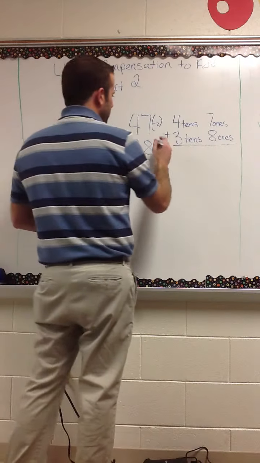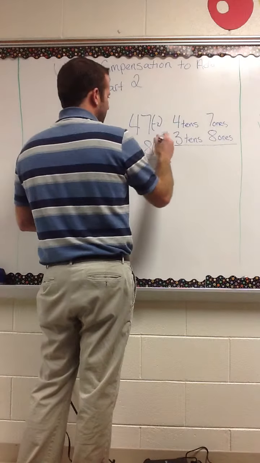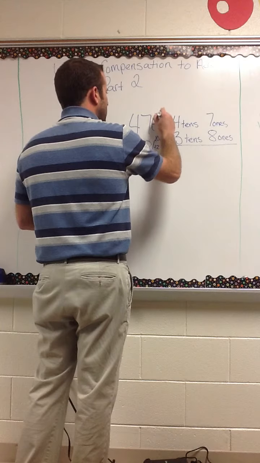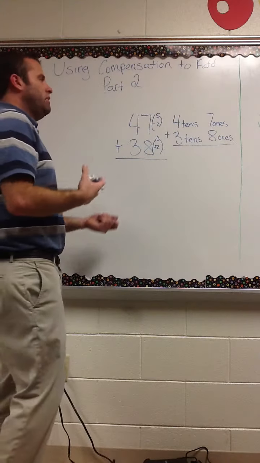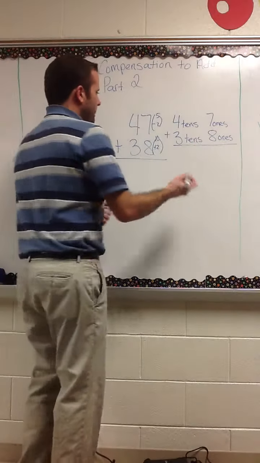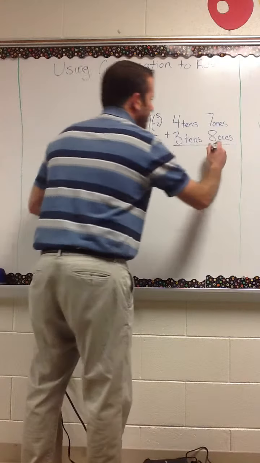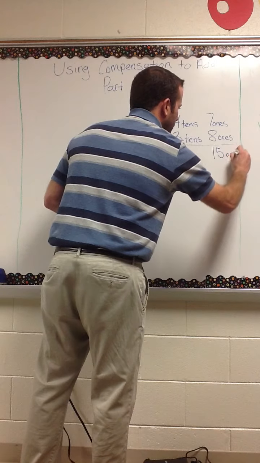So now the thought process is, I don't have 8 plus 7, I have 10 plus 5, which is 15. And now we're getting into some regrouping. So 7 ones plus 8 ones is 15 ones.